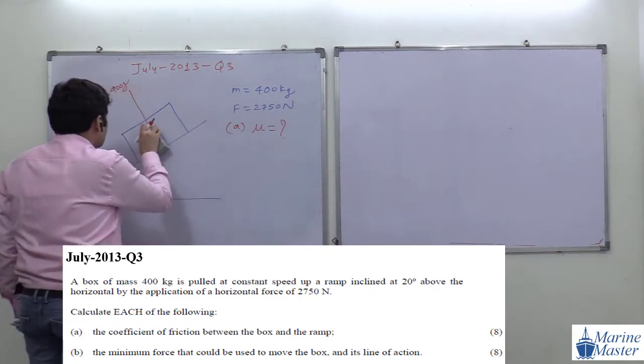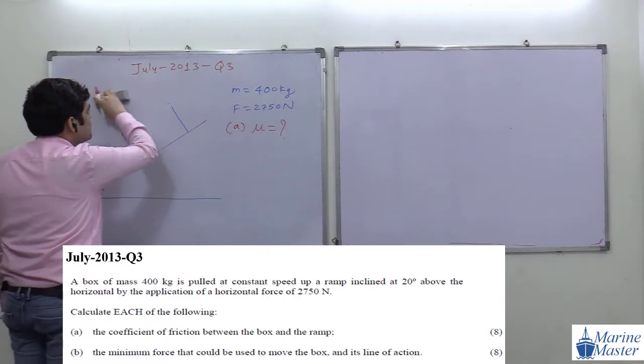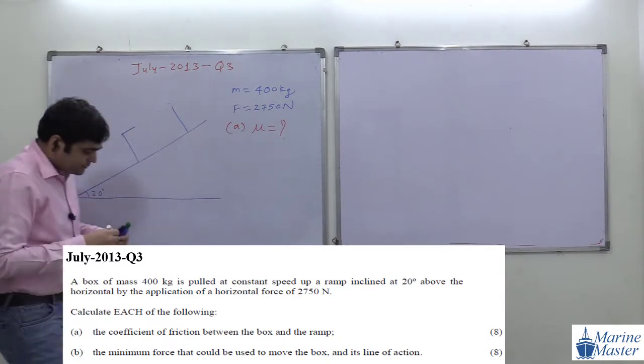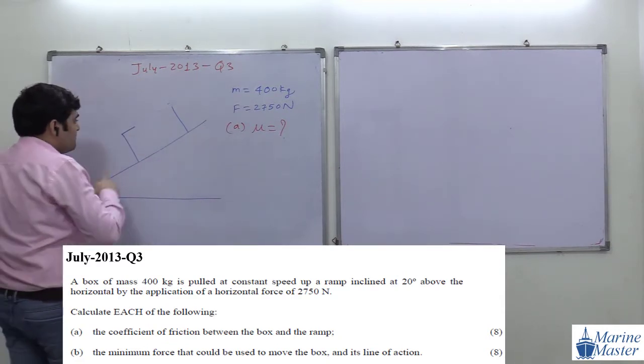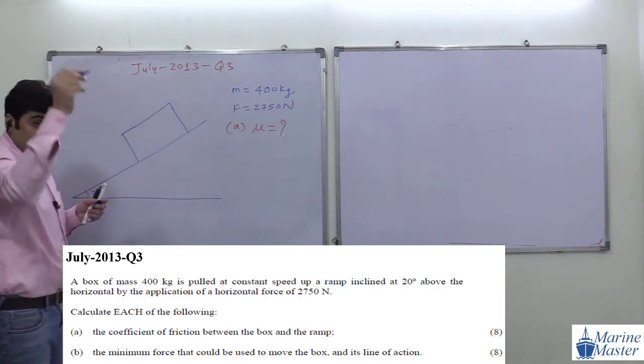Sometimes a few people may denote it in a hurry or get confused. So how to denote the weight? Weight must be vertically downward.